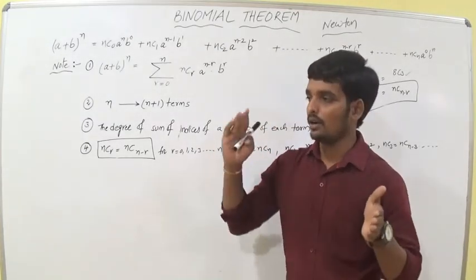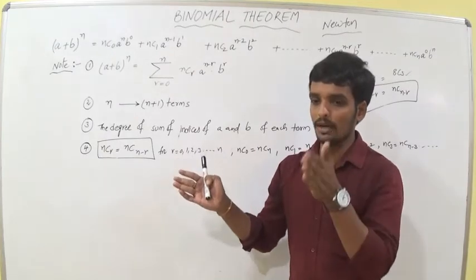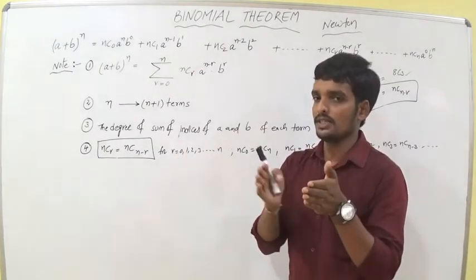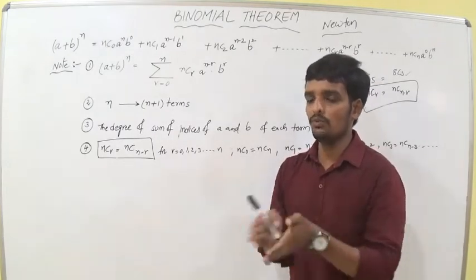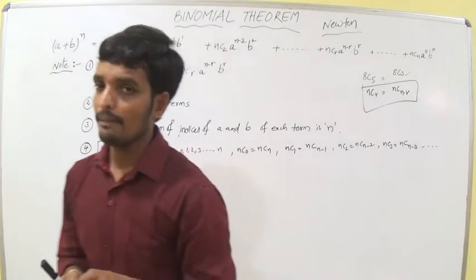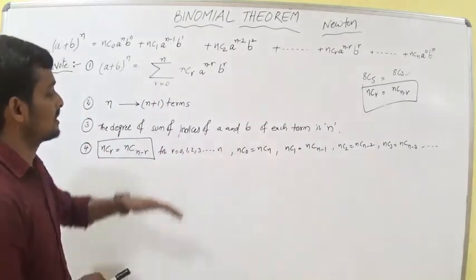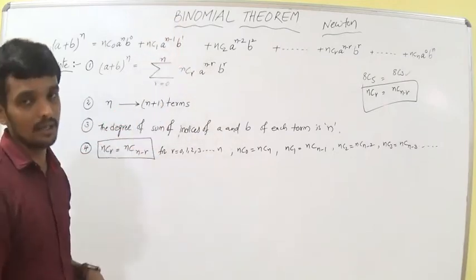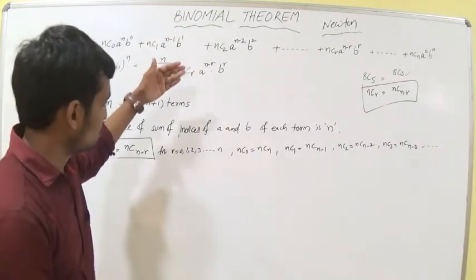First term 1, last term 1, middle term 3, 3. Like that, 1, 4, 6, 6, 4, 1. We have learnt these are the coefficients in Pascal triangle. The binomial theorem is based on the Pascal triangle. Are you okay? These are the most important points.